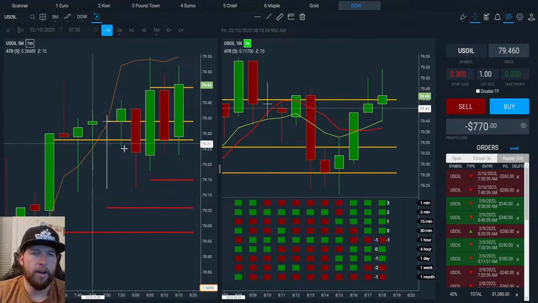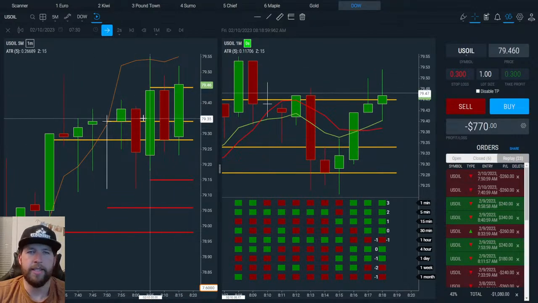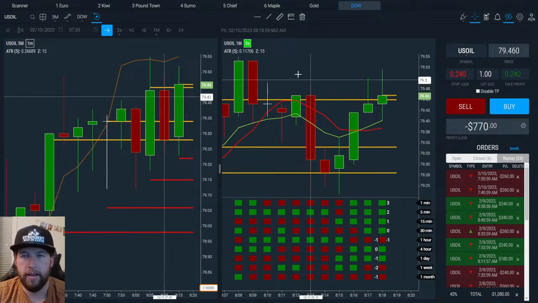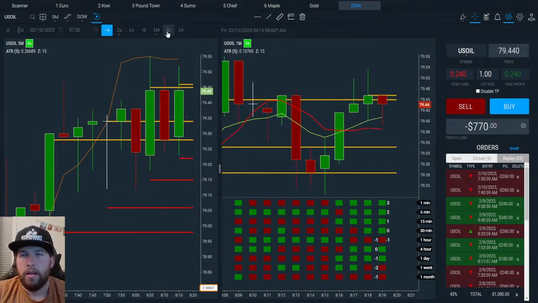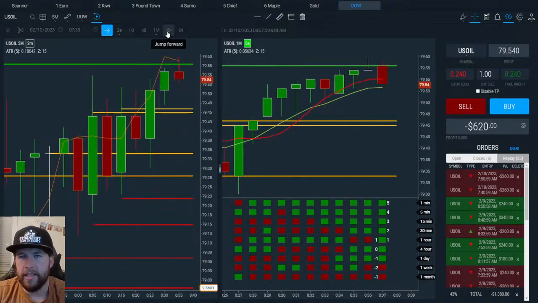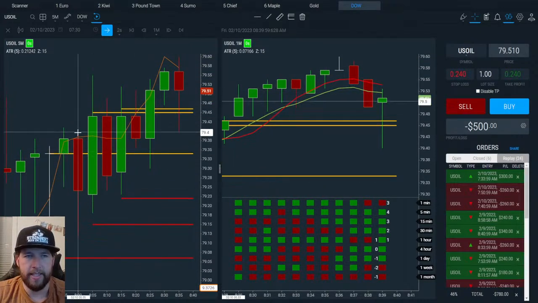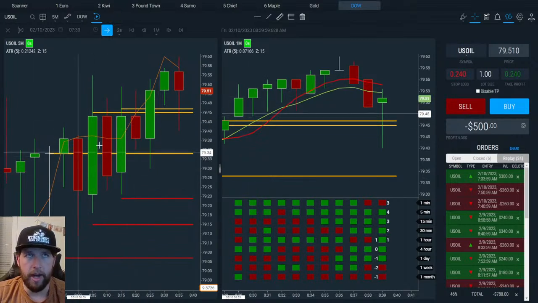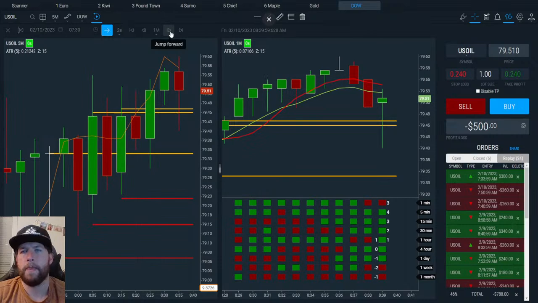Yeah, you can see how choppy this 5-minute chart is here. Another signal here, buy. When I'm trading this in a live market, and in backtesting, I've noticed that it does tend to not do so great, especially in choppy ranges.